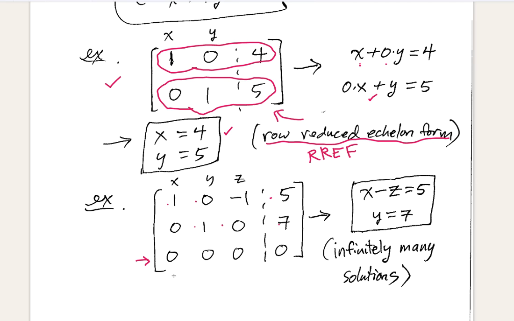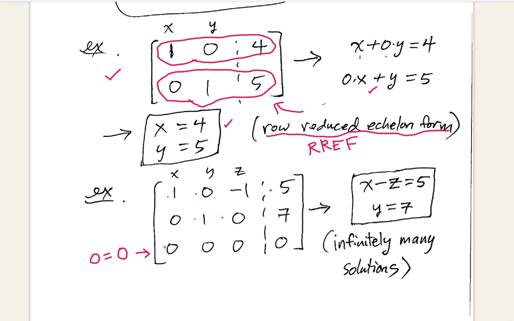It's saying 0x plus 0y plus 0z is 0. 0 times any number is 0, and 0 added to 0 is 0. So this line is actually saying ultimately that 0 is equal to 0. That's great, we already knew that. That's really conveying no useful information to us.